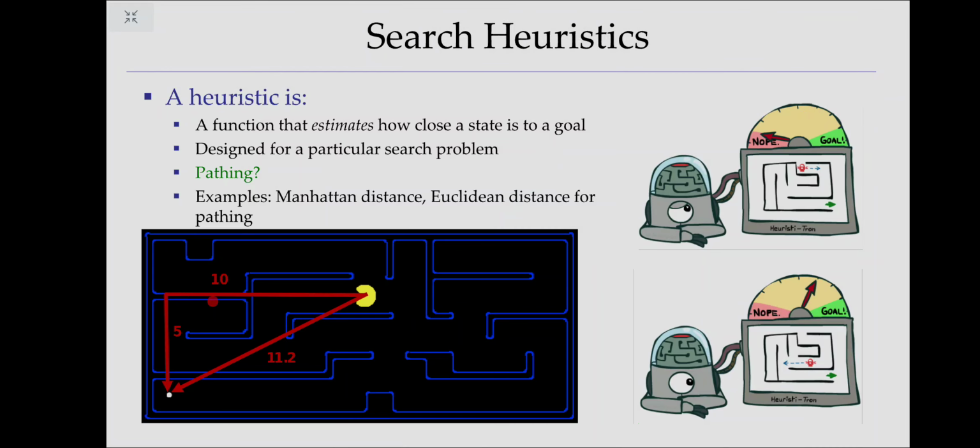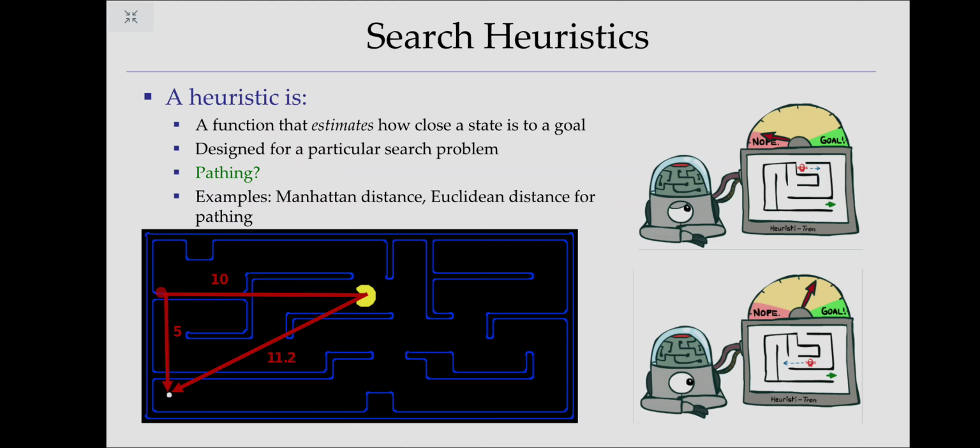It can be defined by the absolute of x2 minus x1. And again, for moving down, you can define the difference between the y value of yours and the y value of the goal state.